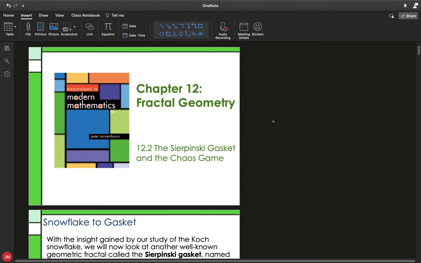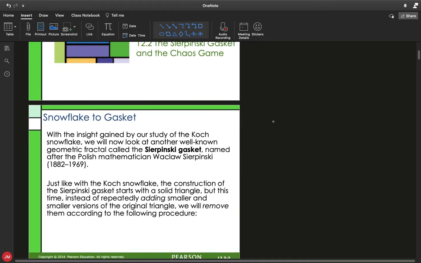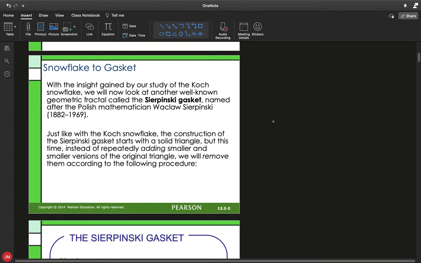So let's go ahead and talk a little bit more about that Sierpinski Gasket and some of the key features of it. Looking at this fractal, it is named after the Polish mathematician Wacław Sierpinski, who was alive from 1882 to 1969. So again, kind of like the Koch snowflake, a fairly recent discovery in terms of mathematical history.